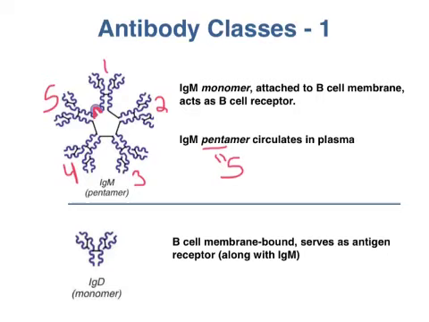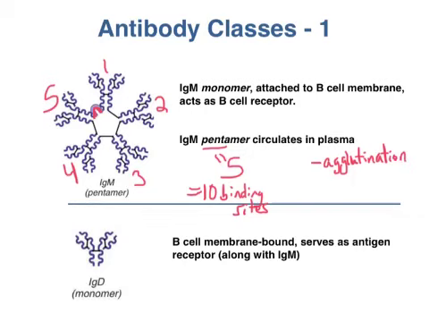Because it's got 5 antibodies, it has 10 antigen binding sites. Having those 10 antigen binding sites all stuck together means that one of the things IgM is really good at is agglutination. Agglutination is just the clumping of antigen together.